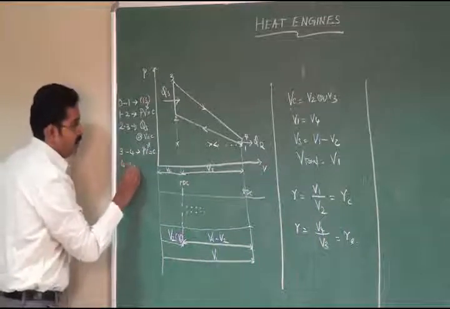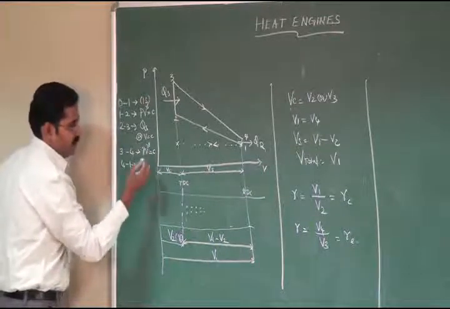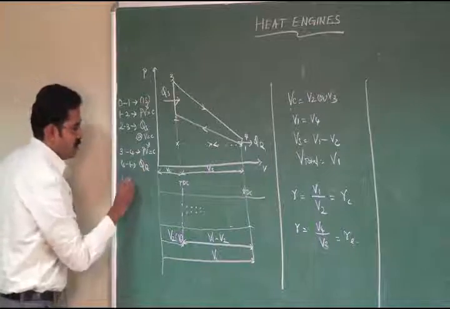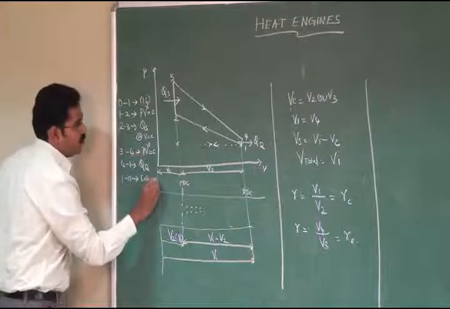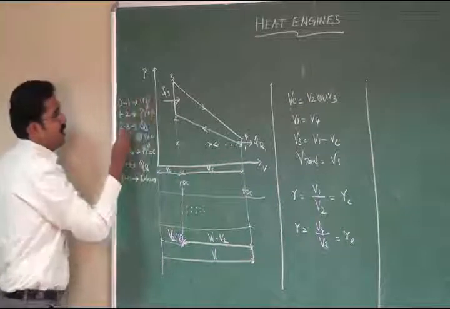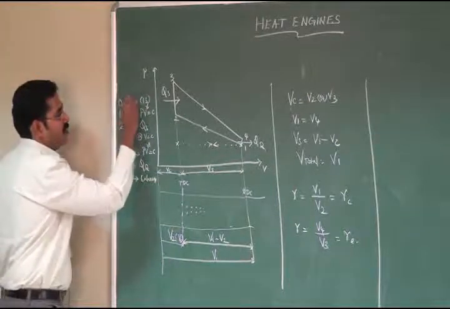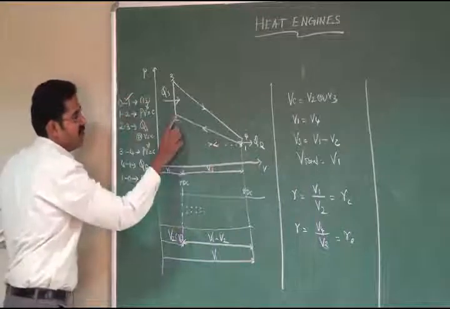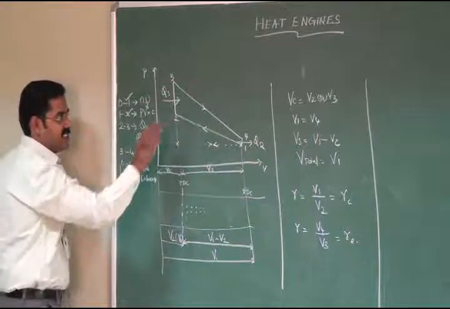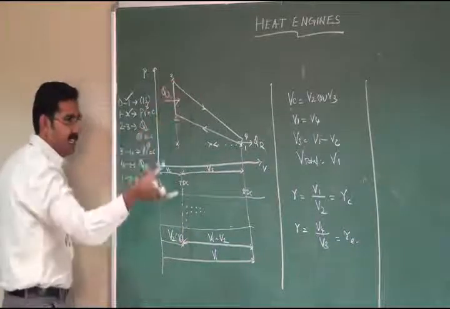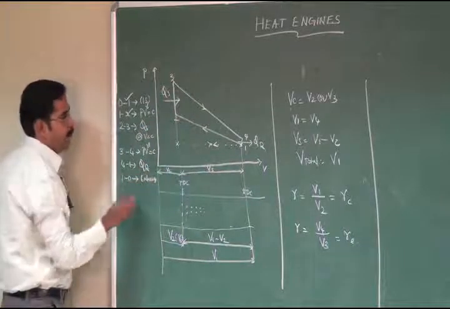And 4 to 1 is the heat rejection process. And 1 to 0 is the exhaust stroke. Now, the first stroke will be 0 to 1. The second stroke will be 1 to 2, reversible adiabatic compression process. And 2 to 3 is not a stroke, it is a combustion process which happens in the clearance volume, as I explained earlier.